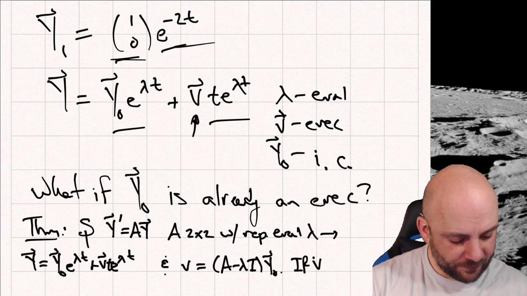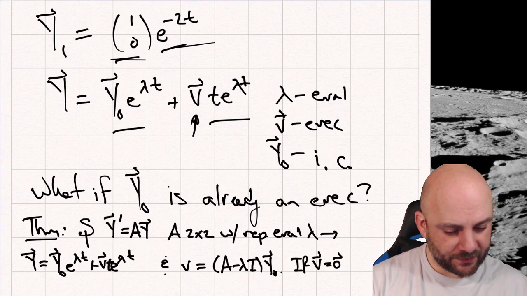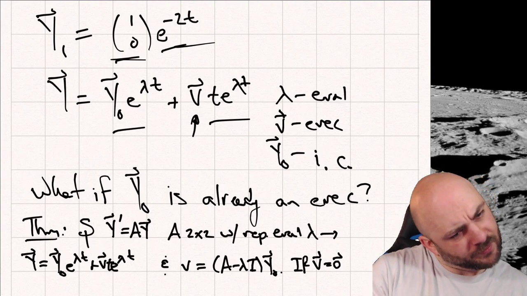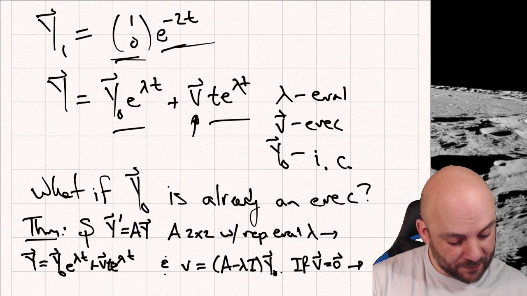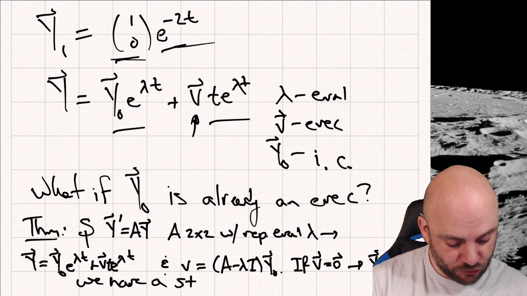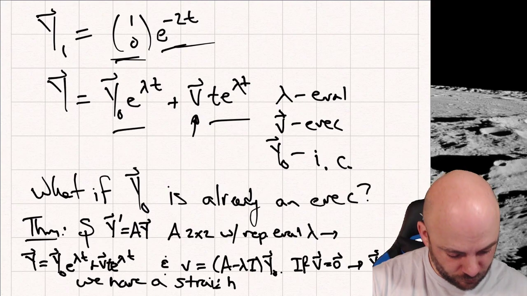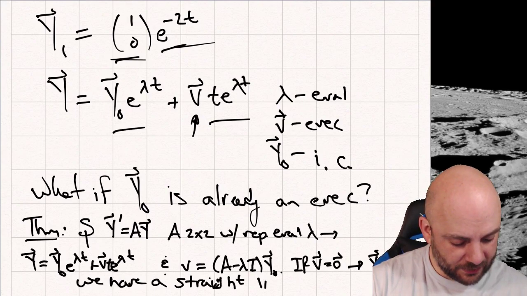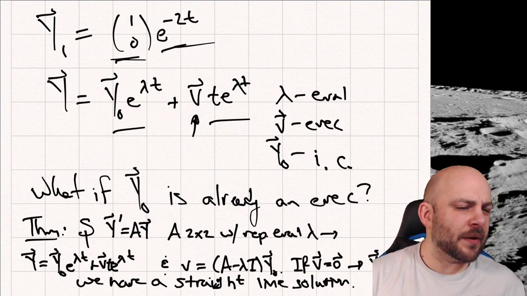If v is the 0 vector, okay, then what that means is that y0 is our eigenvector, and we have a straight line solution, which is very weird.